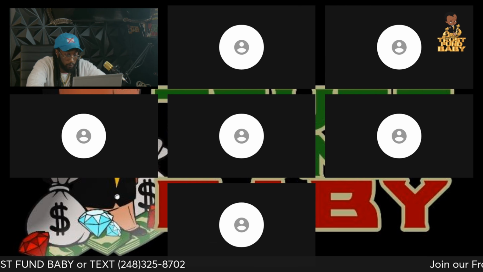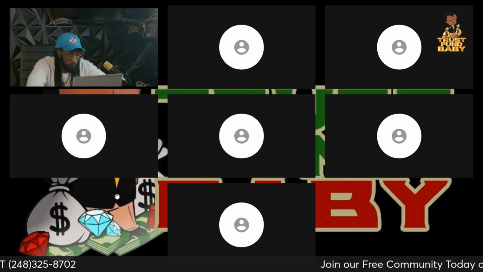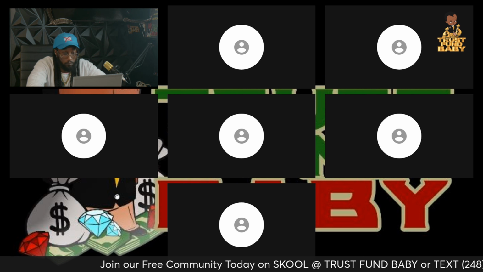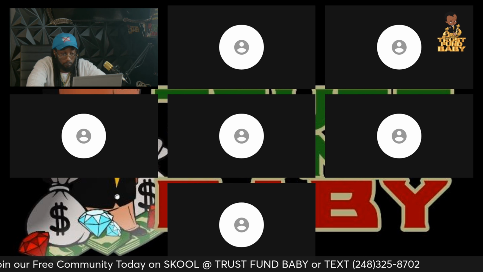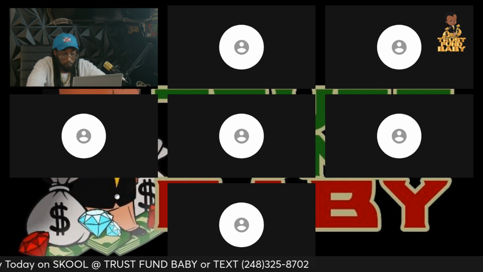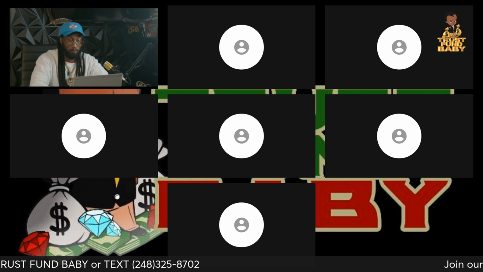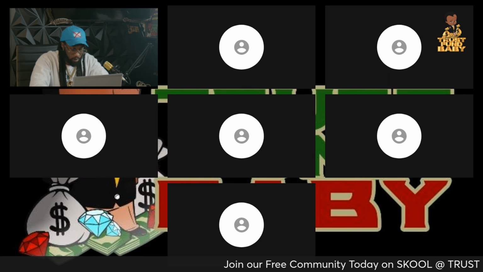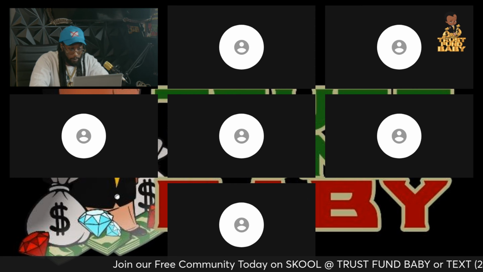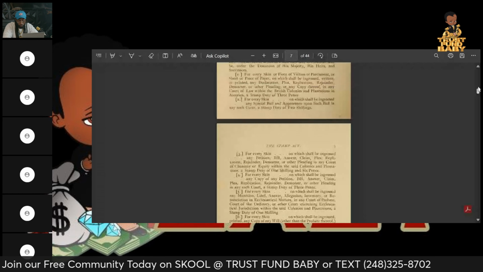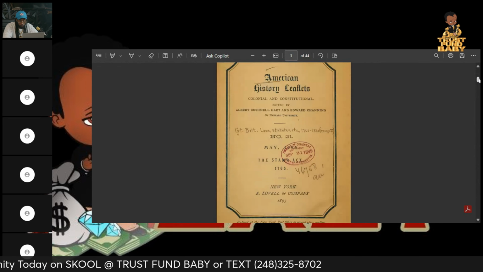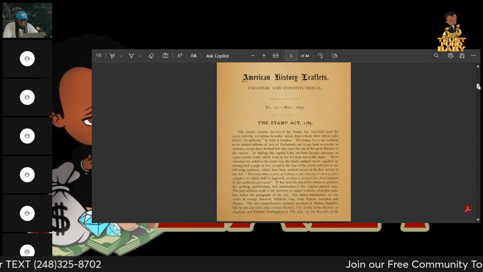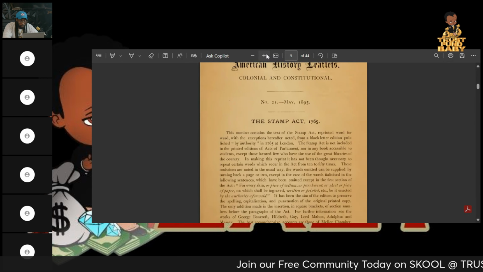Hold on a second. Okay, let me drop this in the chat for you. This one right here is the Stamp Act of 1765. Showing y'all what it looks like. I'm about to zoom in. I know y'all can't see that.